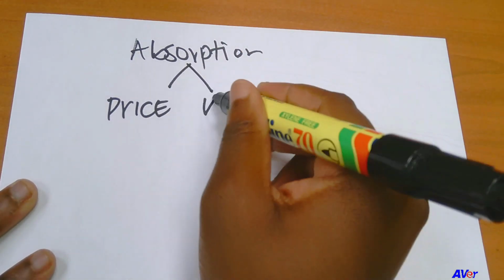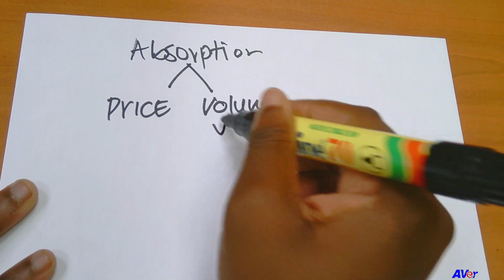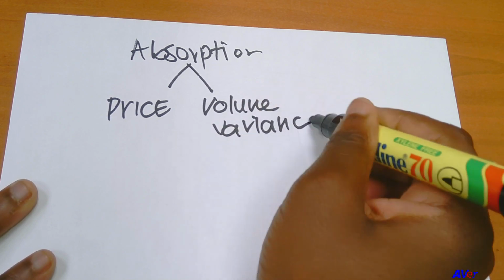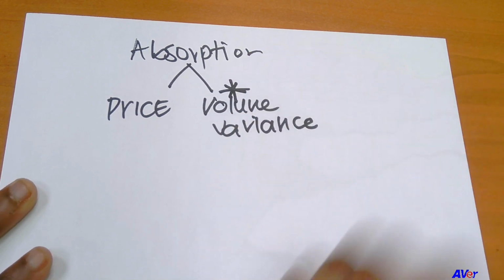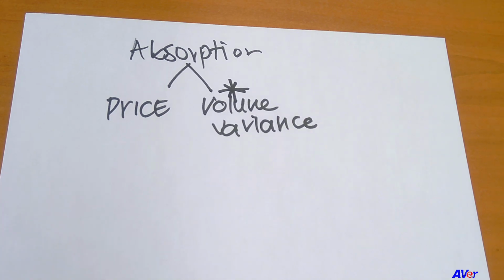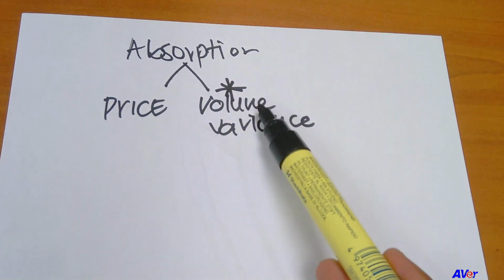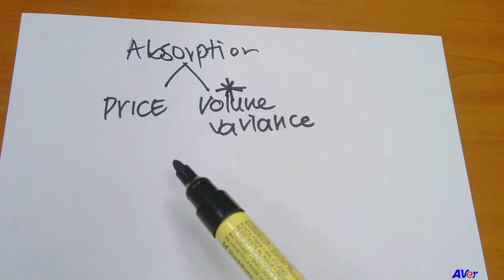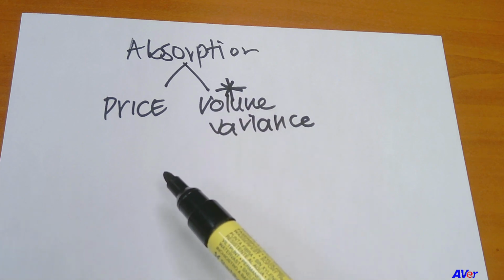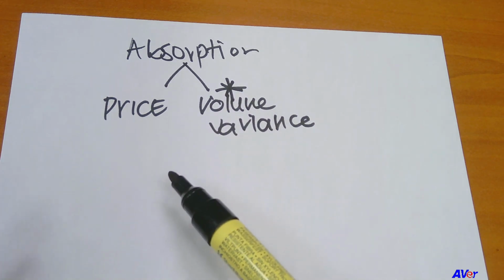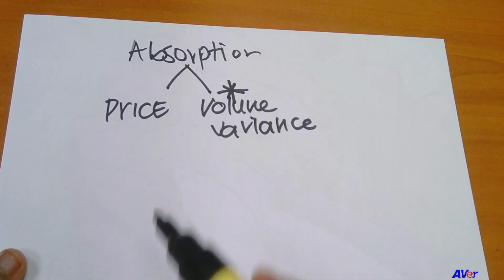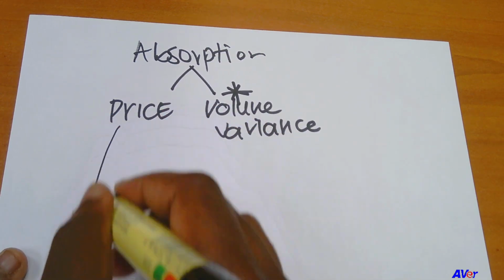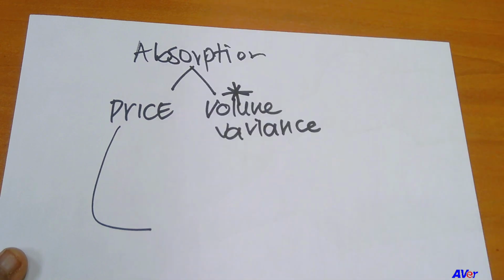However, what is additional? You also have a volume variance. This variance you do not have in variable costing method. So this is the main difference between how you treat your fixed costs in terms of standard costing.